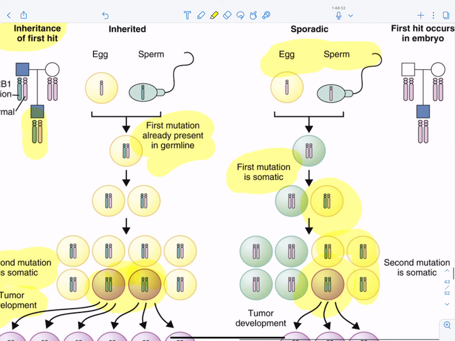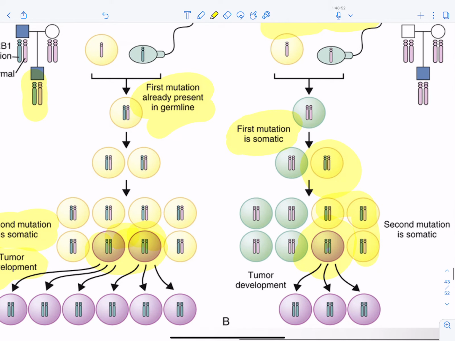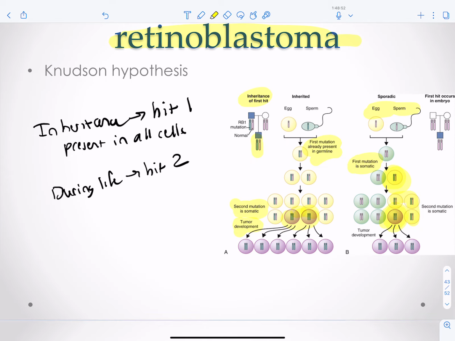Now, in another individual, they receive two good copies of the genes from the egg and sperm. And so the first mutation has to be somatic, that green one here. And then that second mutation is going to be somatic, and then you're going to get tumor development as well. So this is just to demonstrate that you have to have two mutations in order to develop your cancer.